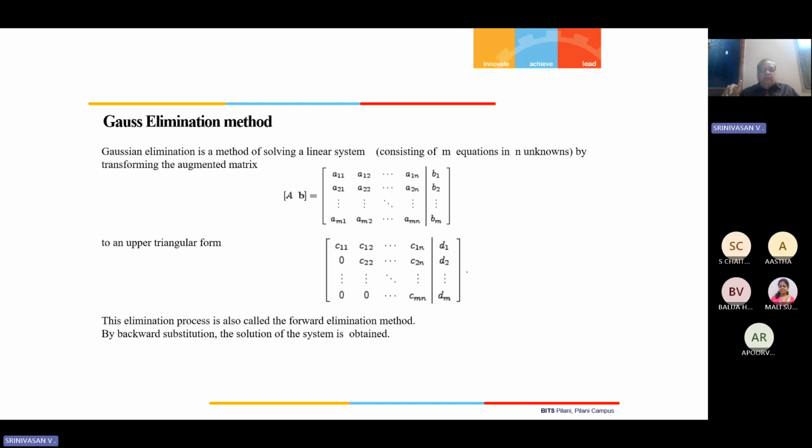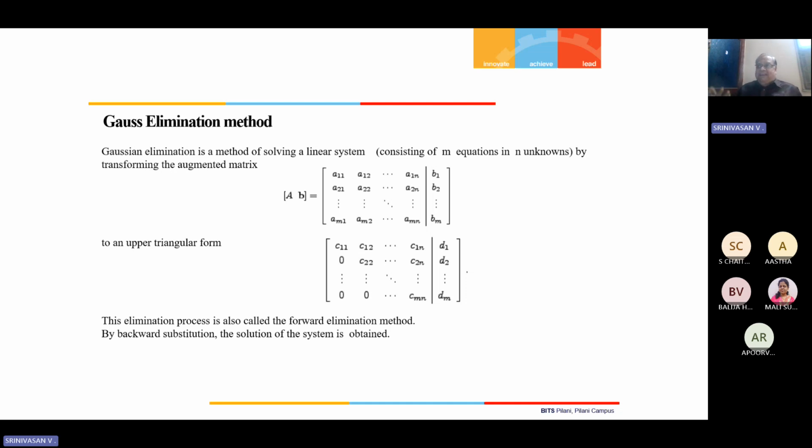So the elimination process is also called the forward elimination method. You start from row 1 being fixed, and then you act on row 2, performing the elementary operation of R2 on R1, and of R3 on R1. That is the first set, supposing we start with the basic practical 3 by 3.